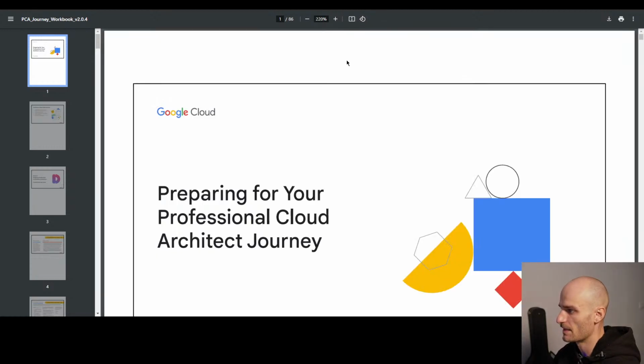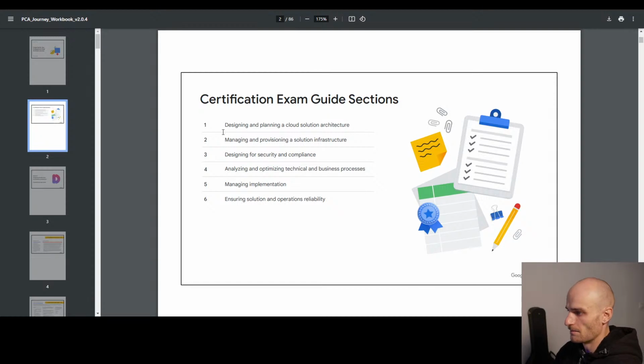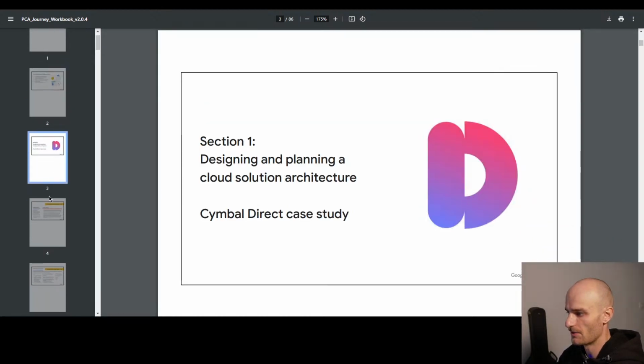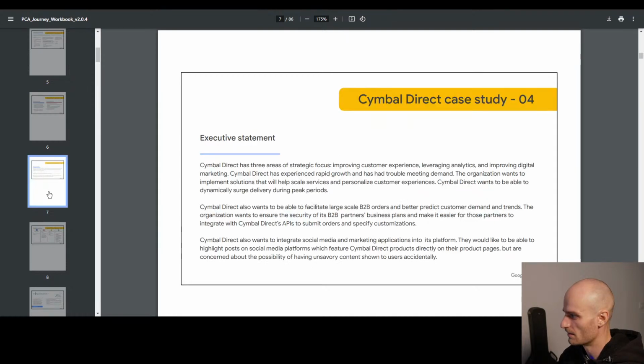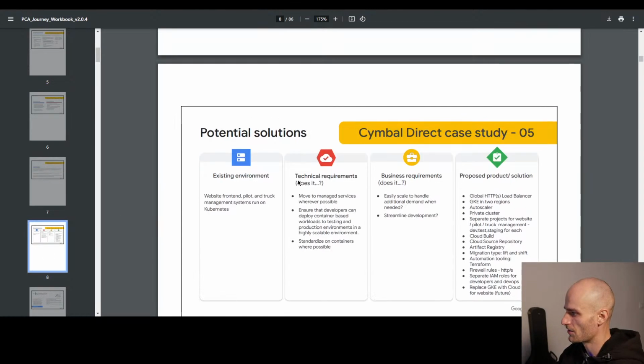So as you can see here, we have this PDF which helps us prepare for the professional cloud architect journey. Exam guide sections. Okay, so I already had section 1 in the last studying sessions.